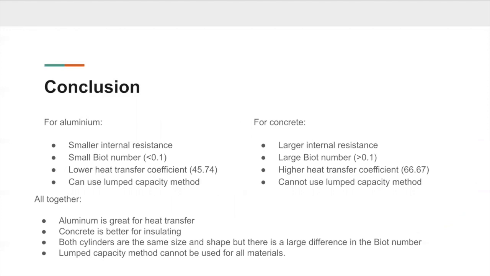It had a higher heat transfer coefficient of about 66.67, and the lumped capacity method cannot be used for concrete. Altogether, aluminum is great for heat transfer, whereas concrete is better for insulating. Both cylinders are the same size and shape, however, there is a large difference in the Biot number, and the lumped capacity method could not be used for all materials.